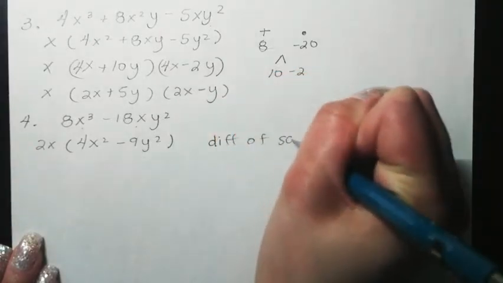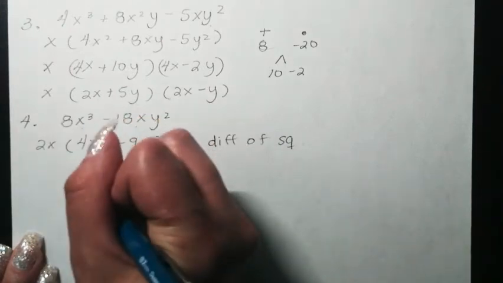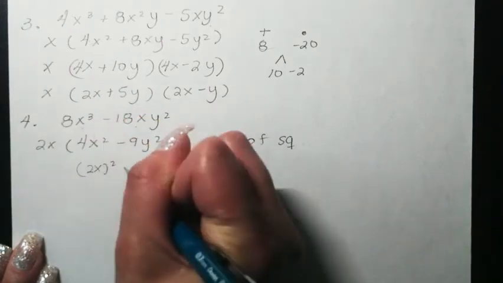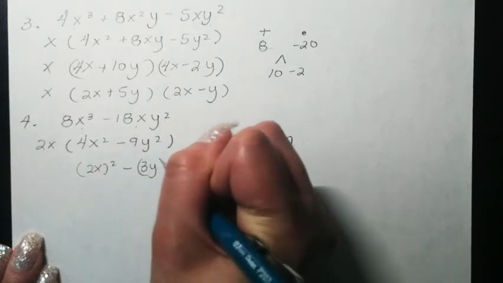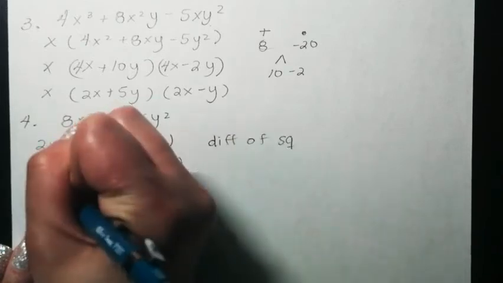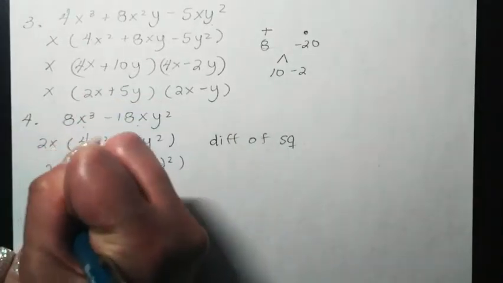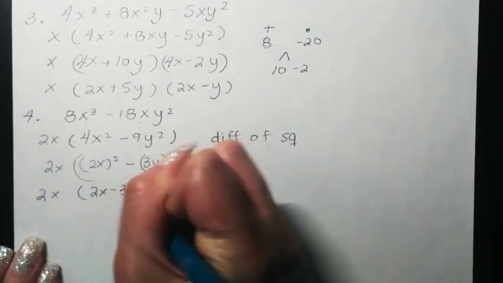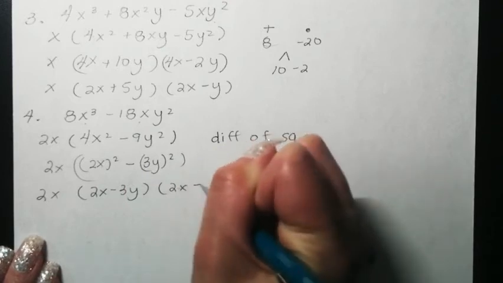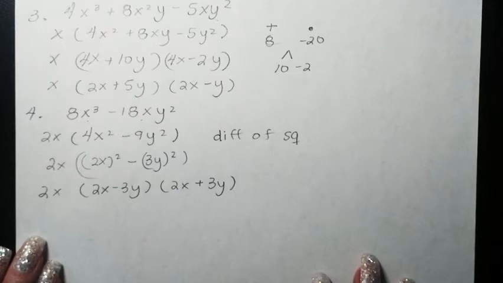You can recognize that this is 2x squared and this is 3y squared. Therefore, what we're going to do here is 2x times 2x minus 3y times 2x plus 3y, and that's as much as we can do for number 4.